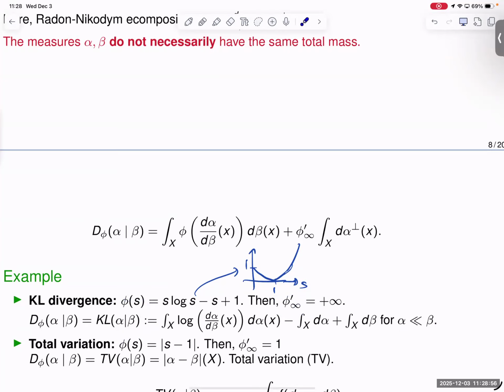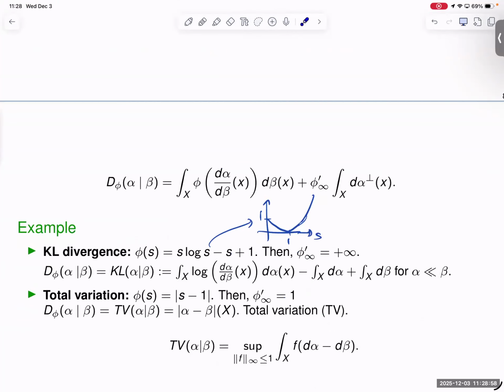Okay, and another interesting such divergence is the so-called total variation. This is basically the L1 norm, but between measures. So in this case, phi of s is this, s minus 1.